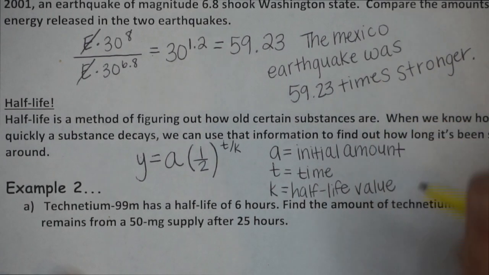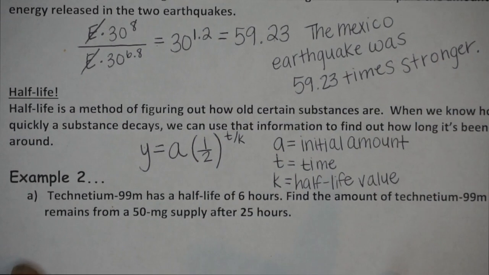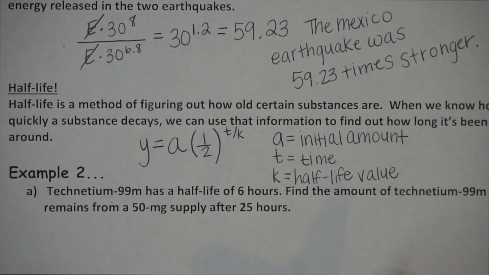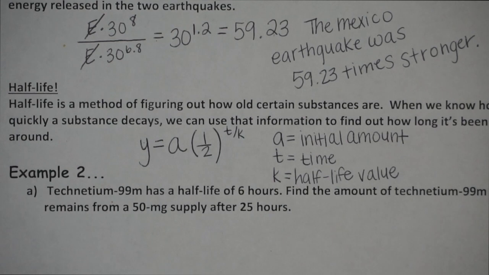Okay, so let's look at example 2. Technetium 99m has a half-life of 6 hours. Find the amount that remains from a 50 milligram supply after 25 hours.